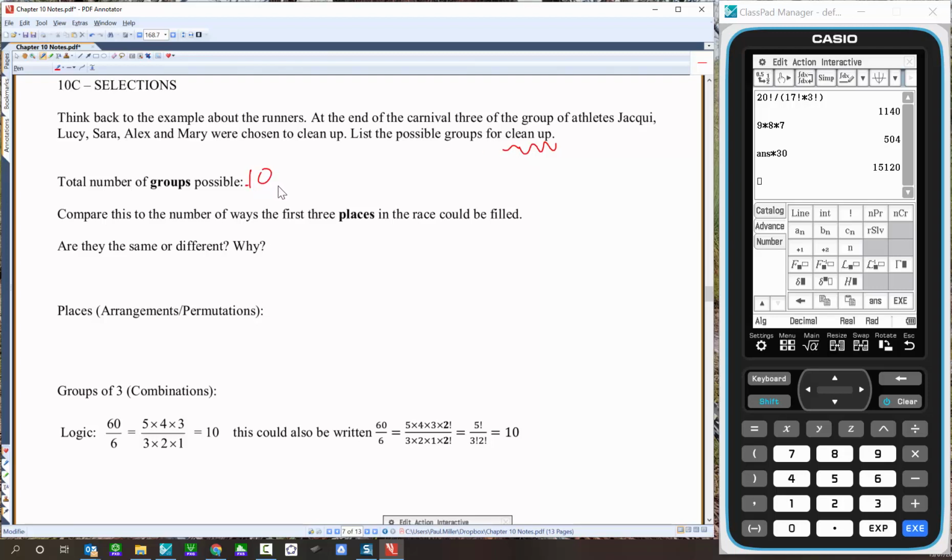Okay, the total number of arrangements for finishing the race is equal to 60. So compare this to the number of ways the first 3 places in the race could be filled. That was 60. Are they the same or different? Why? Because in picking up rubbish, order does not matter.